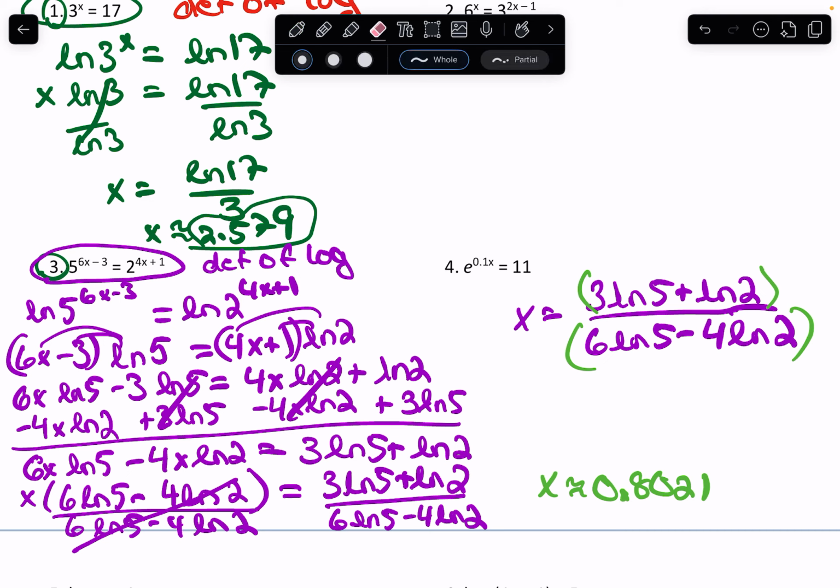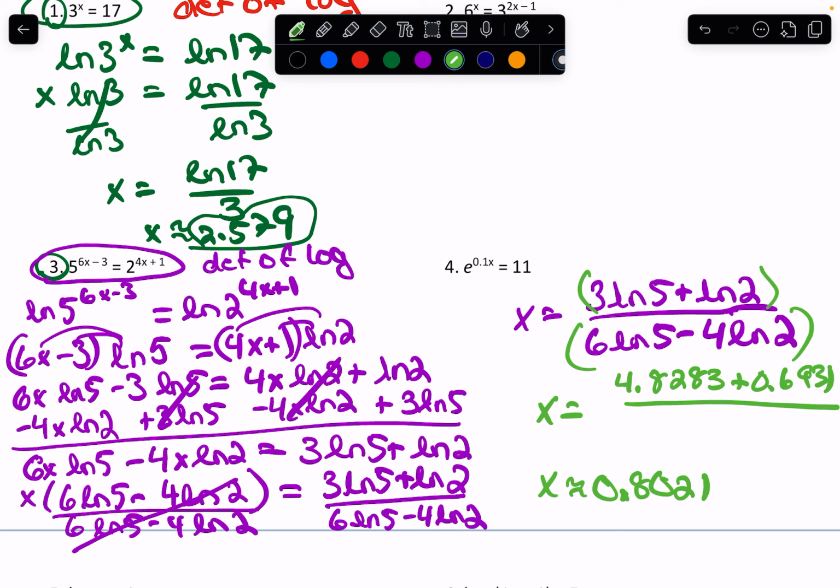Okay, what I want to do is, so 3 times natural log of 5 is 4.8283 plus natural log of 2 is 0.6931, divided by 6 times natural log of 5, which is 9.6566, and minus 4 times natural log of 2, which is 2.7726.